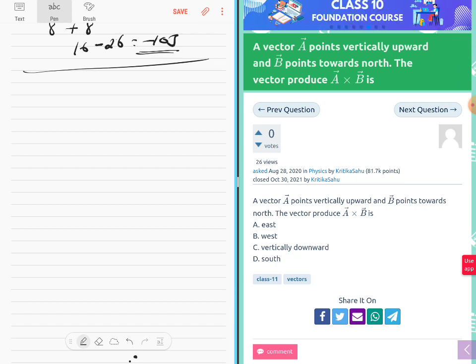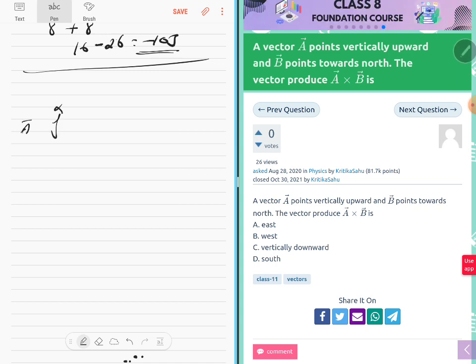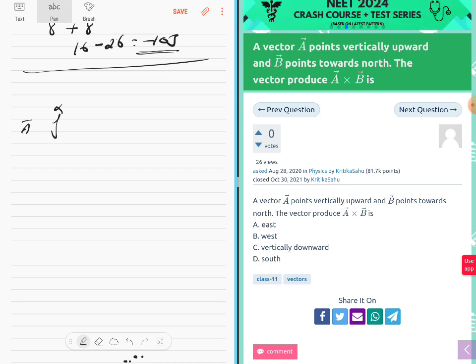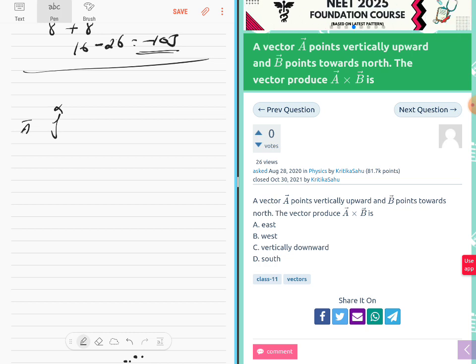Vector A points vertically upward. When I say upward, it means j, and that's vector A, and vector B towards north. Can we keep it as the north and south, as positive z and negative z? Then when it is moving towards the north, can I keep north as minus k?